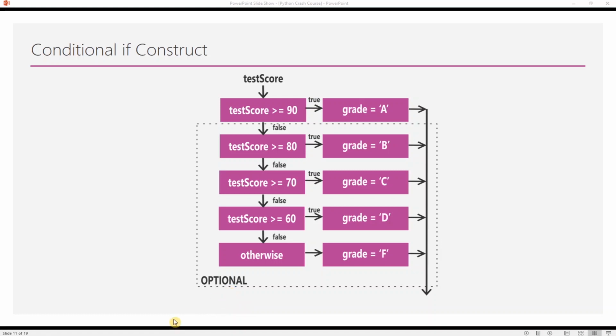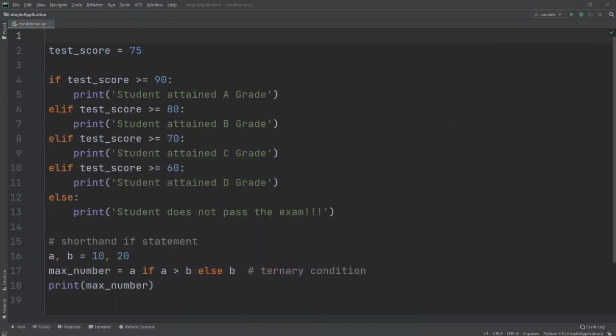Now let's switch to the IDE to see this language construct in action. I have created a new file and named it conditional.py. Here we define the variable test_score and assign it the value of 75. Then we define a couple of conditions here.